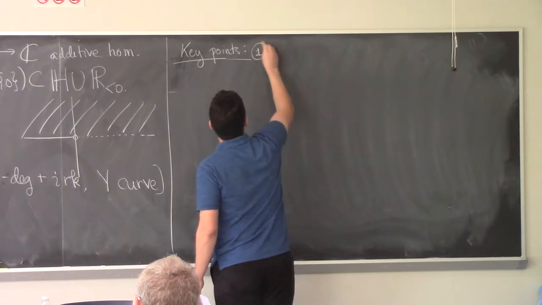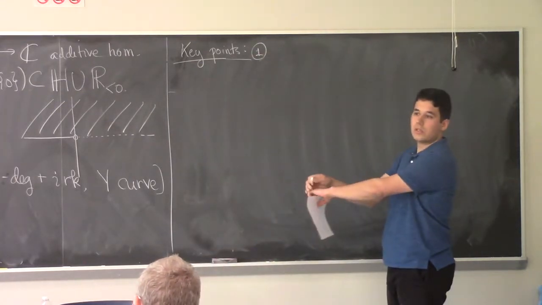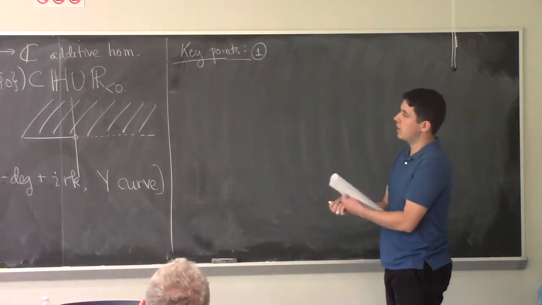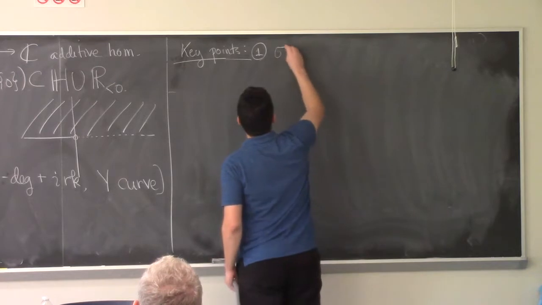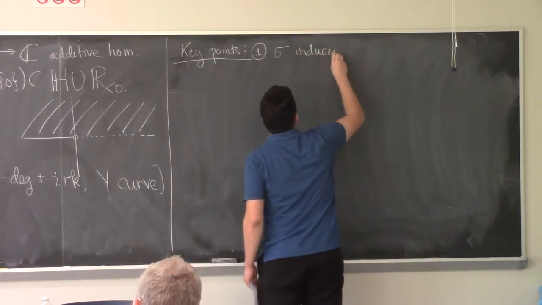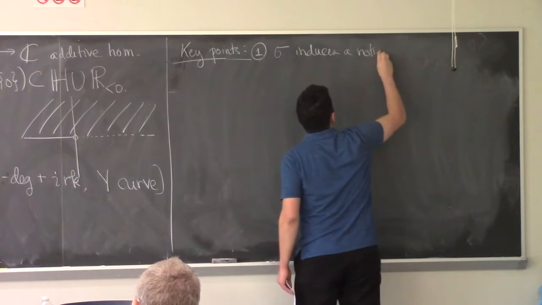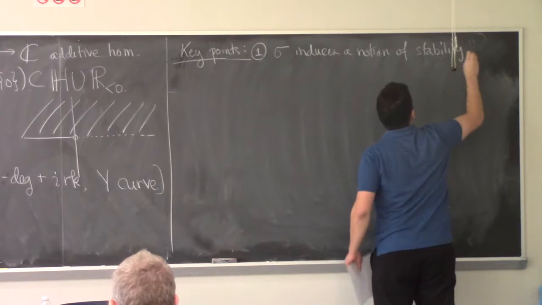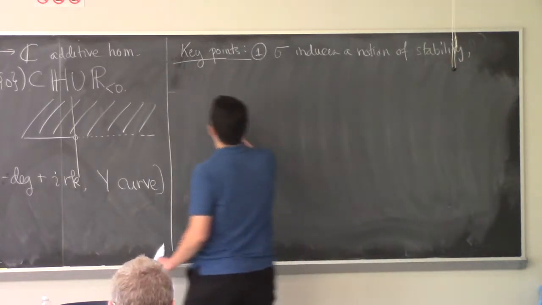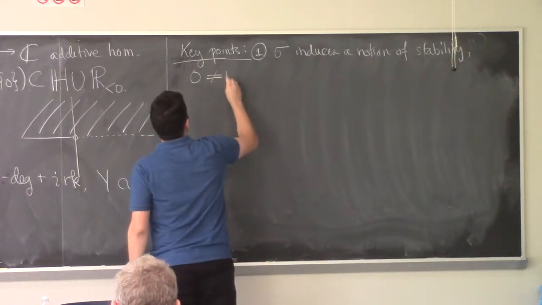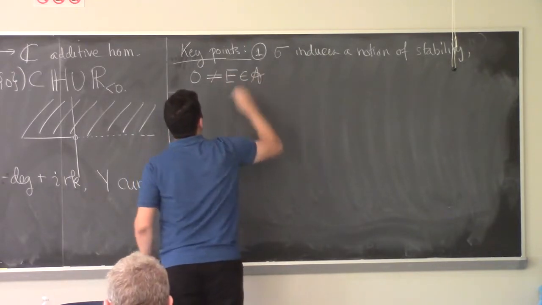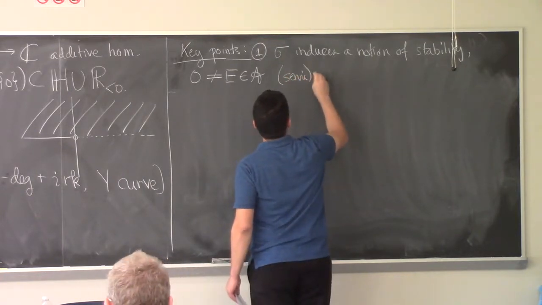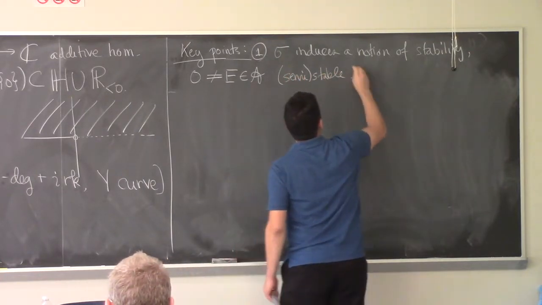Okay, so the first key point is that when you have a stability condition, there's a natural notion of stable and semi-stable objects in this abelian category. So sigma induces the notion of stability. So more precisely, if I give you a non-zero object E in this category A, then I'll say that it's stable or semi-stable if the following condition holds.